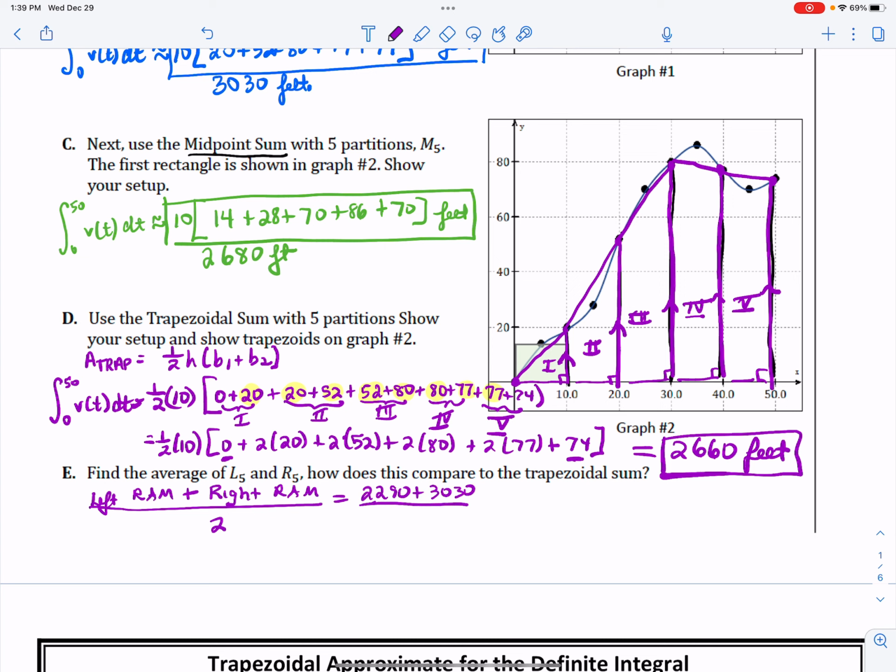It turns out that it's 2,660 feet, which is exactly equal to the trapezoidal rule. It turns out that the average of left and right RAM always gives us the trapezoidal sum, and that's a good extra credit to prove. Prove that the trapezoidal rule, the trapezoidal sum, is the average of left and right RAM.